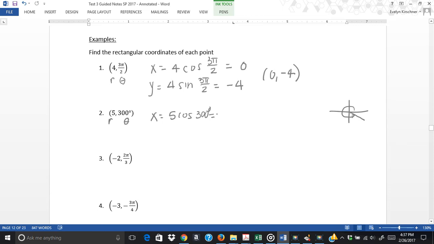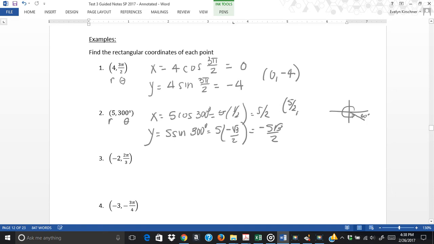Cosine is positive, so this angle, its reference angle is 60, so it's 5 times 1/2, or 5/2. Y is 5 sine 300 degrees, which is 5 times negative radical 3 over 2, because it's in the fourth quadrant, so it's negative 5 radical 3 over 2. So my point is (5/2, -5 radical 3 over 2).